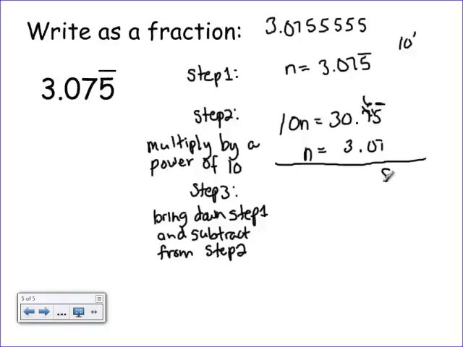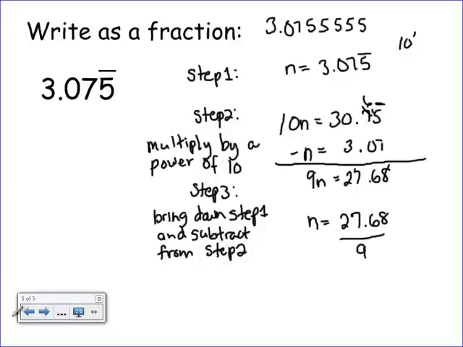15 minus 7 is 8, 6. 30 minus 7 is, 30 minus 3 is 27. 10n minus n is 9n. Divide by 9. Is that my answer?